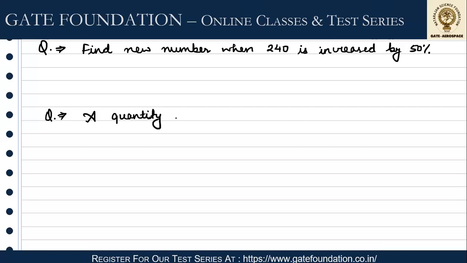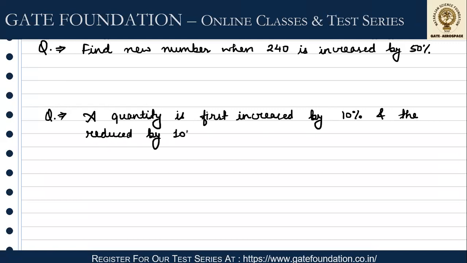Our quantity is first increased by 10% and then reduced by 10%. Find the net increase or decrease. This is an interesting question that we are going to solve.